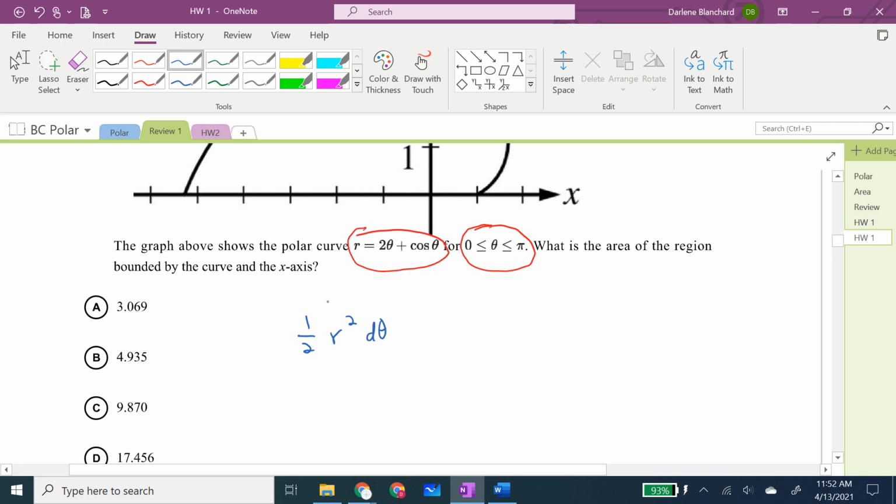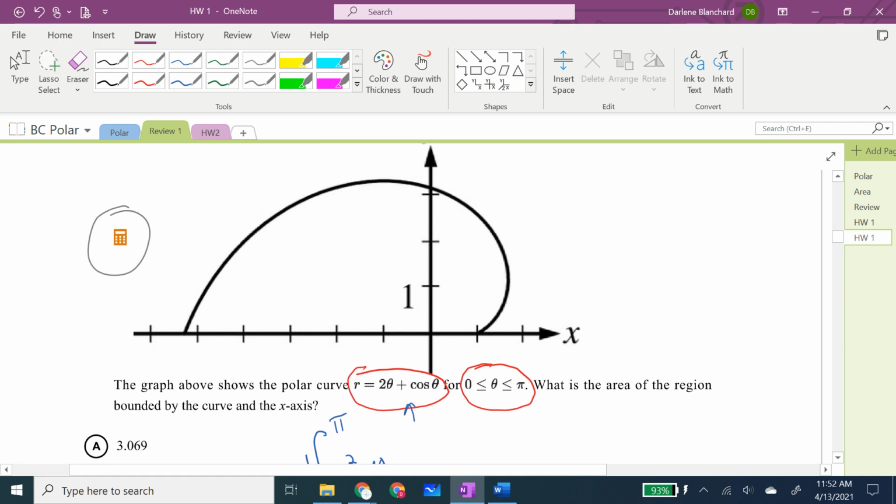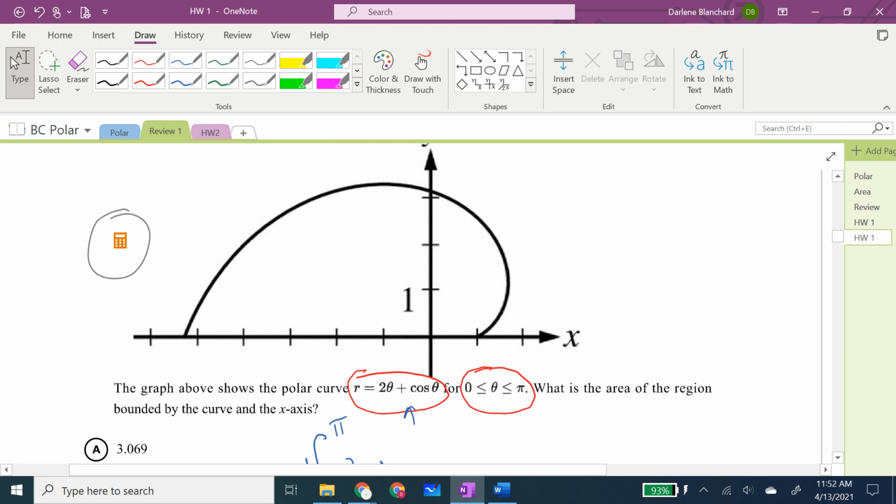Then, if I'm going to find the area from 0 to pi, I just need to tell the angles to go from 0 to pi. And I've got my r. Now let me show you what you should be seeing.